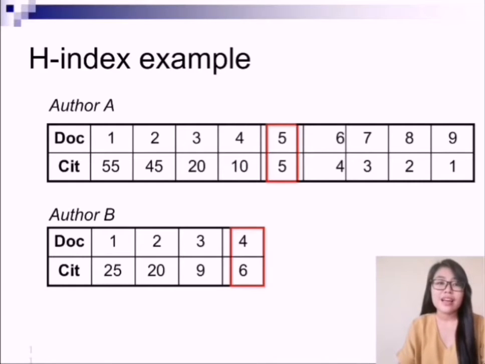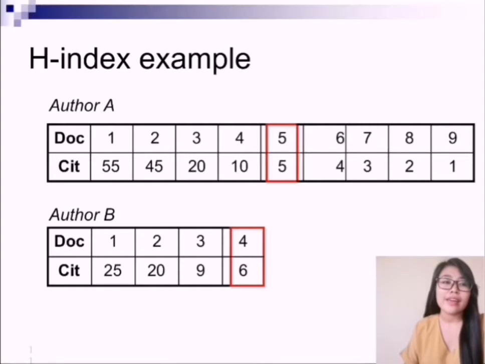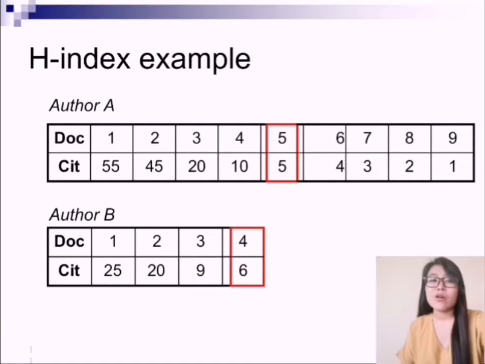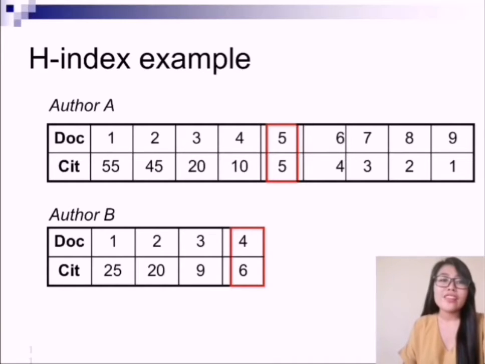So 6 is the published paper number, and yet it received only 4. Same with 7, 3 only, 8, 2, and paper 9 just received 1 citation. Therefore, 5 is the H-index.